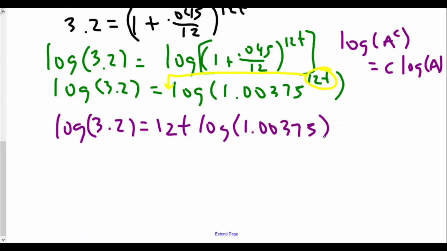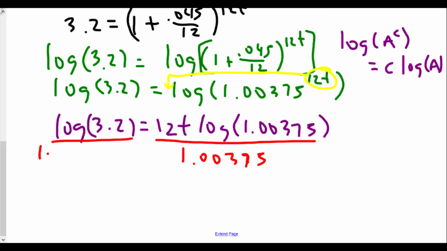We will divide both sides by this log of 1.00375. Oops, log, not just the number, the log of that number. And you're going to get this crazy number here.